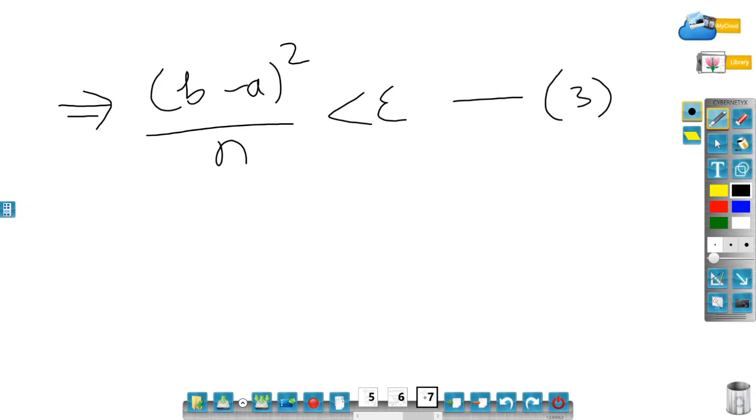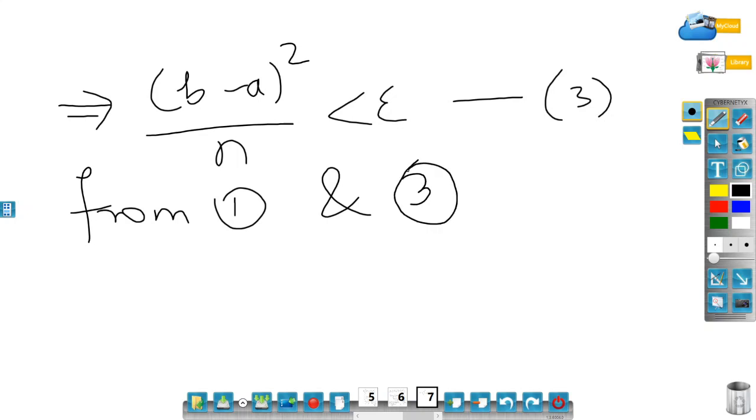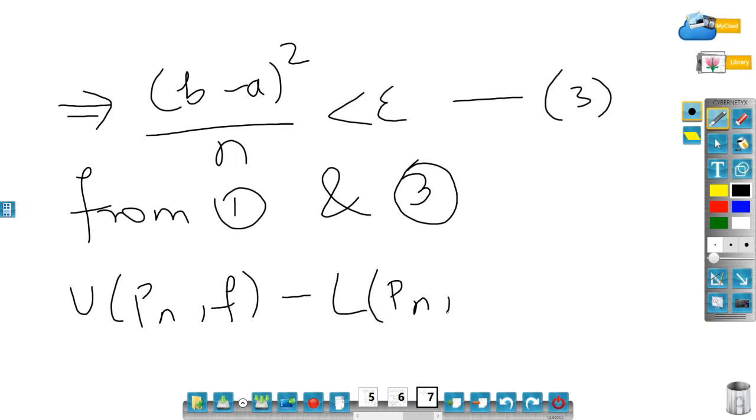So from 1 and 3, we can say that U p and f minus L p and f is equal to b minus a whole square upon n, which is less than epsilon.